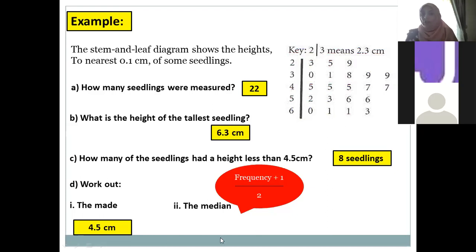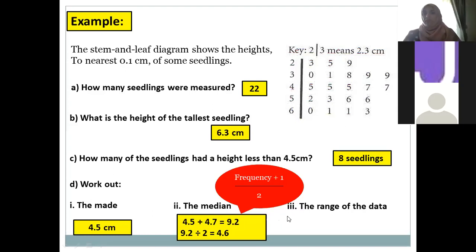And of course we know that the median should be 2 numbers because we have an even set of data. So let's check where the 11th and the 12th are. 1, 2, 3, 4, 5, 6, 7, 8, 9, 10. This is the 11th and this is the 12th. So as you just said, Sarah, it's between 4.5 and 4.7. So I will add them and divide by 2, and so it's 4.6. Excellent, yes, Sarah. Great answer. Thank you very much, Sarah.